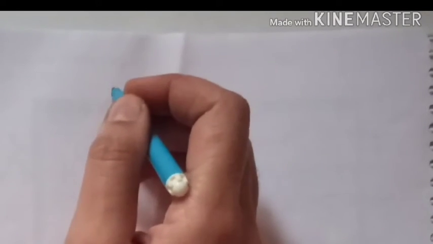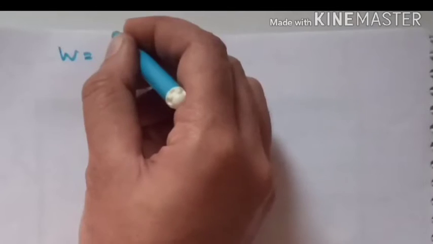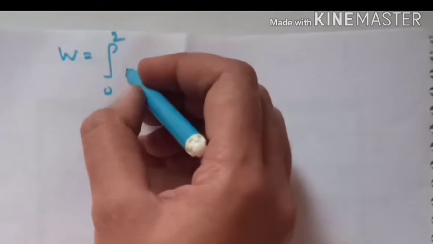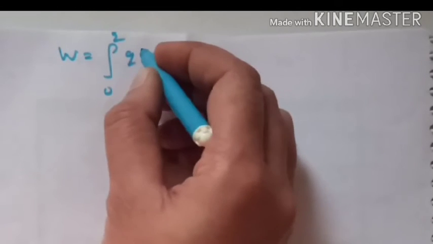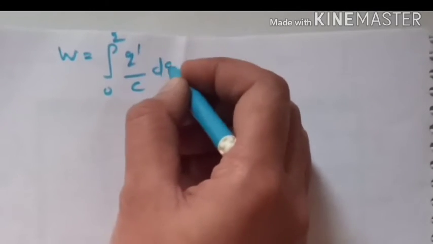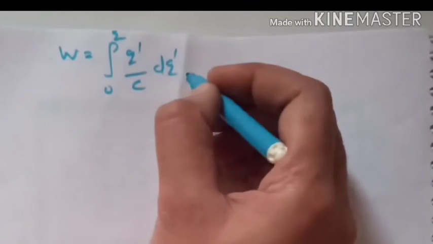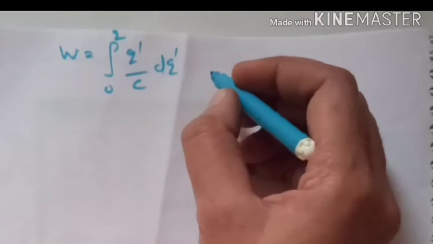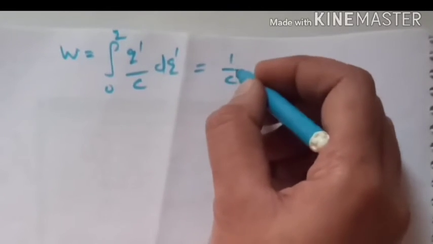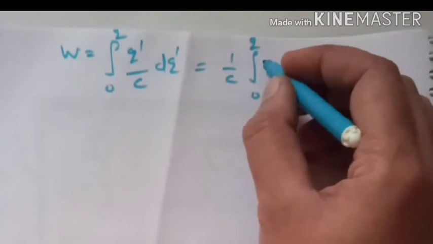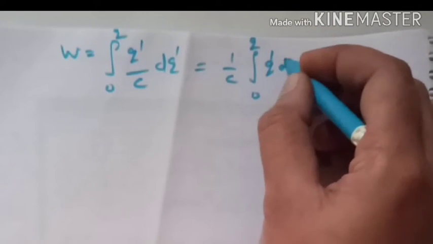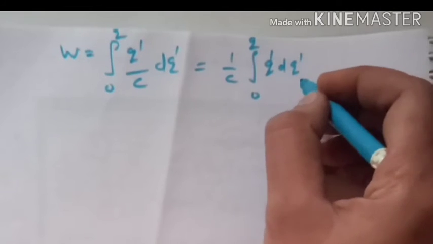Put the value of V dash. So W is equal to integration from 0 to Q. The value of V dash from the previous equation is Q dash by C, dQ dash. So this is equal to 1 by C, which is constant, taking outside, integral from 0 to Q of Q dash dQ dash.